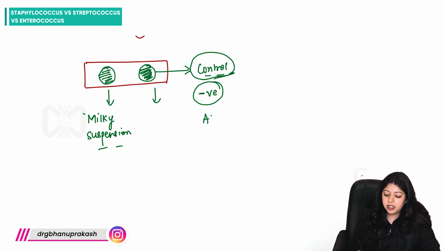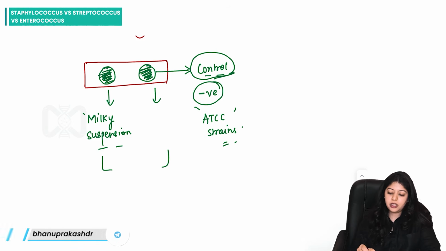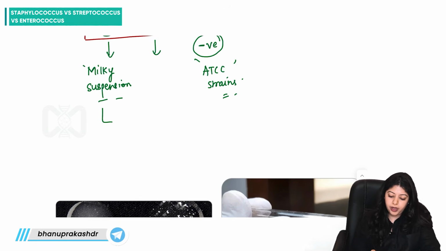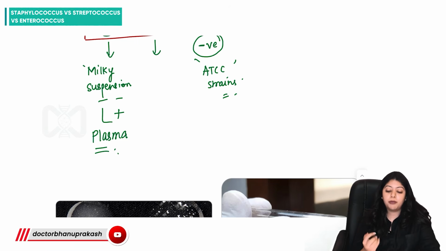These are nothing but ATCC strains which you do not need to know about, right? So a milky suspension of the colony has been prepared. After complete emulsification of these suspensions, we are going to add a drop of plasma. And what is the role of plasma? This is going to help us appreciate the formation of visible clumps.